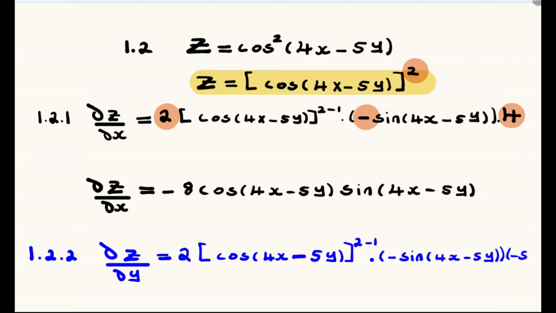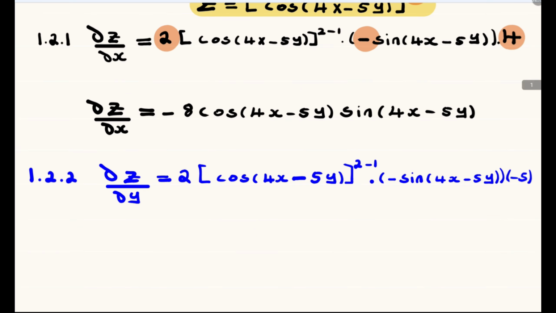So we treat the x as a constant because we are differentiating with respect to y.